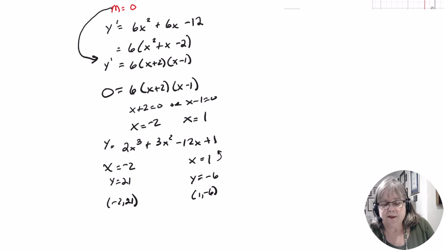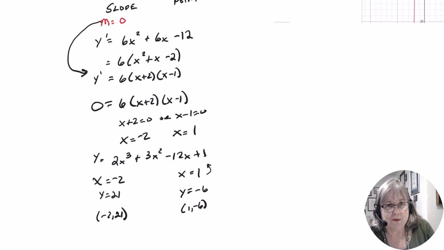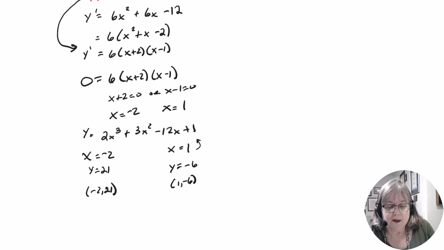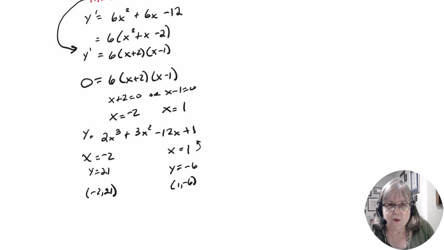Now, let's say this is only one of 2 questions on the test, and I'm not willing to throw 50 points away by thinking this is what it is. So if I had a horizontal line that passed through (negative 2, 21), that line would look like y is 21, and this would look like y is negative 6.